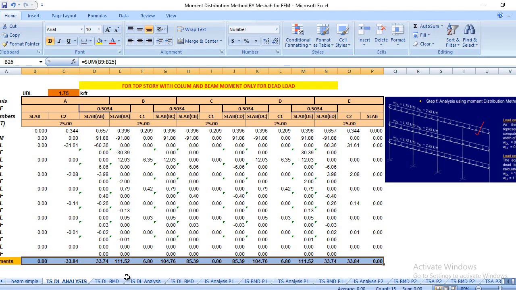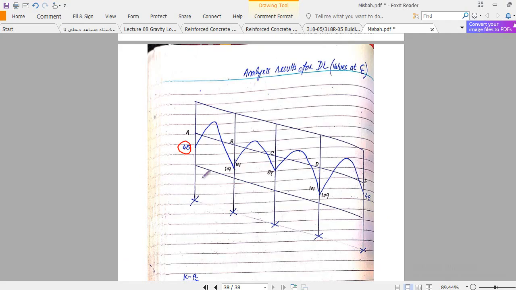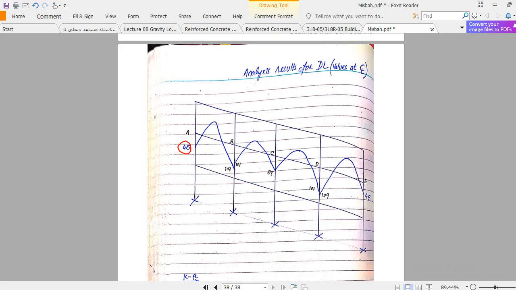Now these moments are basically from that moment distribution table. Okay? Let's say for interior story, you see minus 44.66, so you see 45 roundabout, this is 109, so you see 108, because you must understand from where you have to pick the moment.